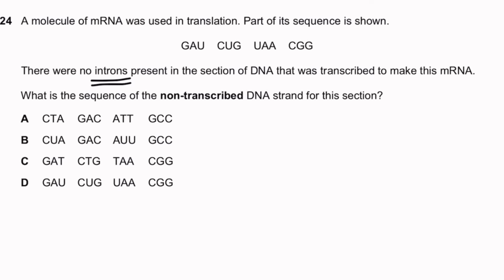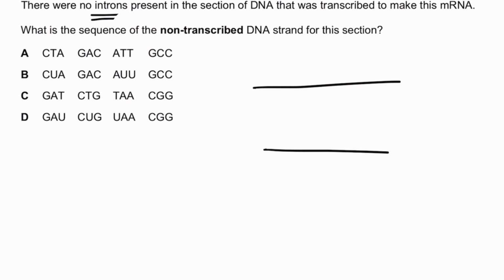So again, non-transcribed DNA strand. This is what they're talking about. Remember, there is the coding strand, and then there is the non-transcribed strand of DNA. During transcription, helicase is going to unzip the DNA, and the coding strand is going to be the one copied into complementary mRNA.